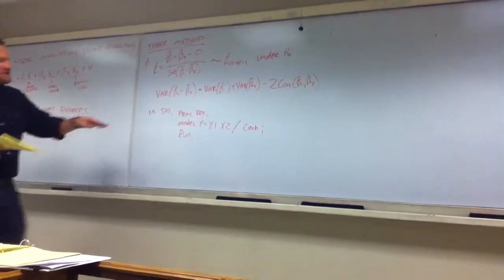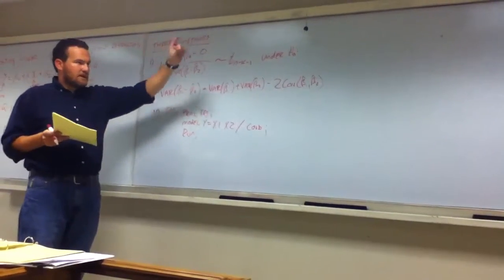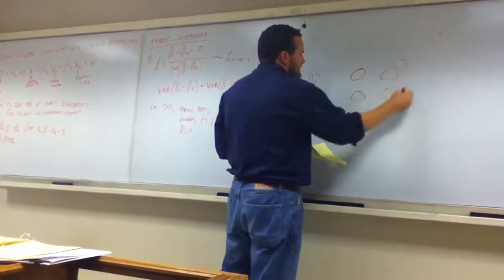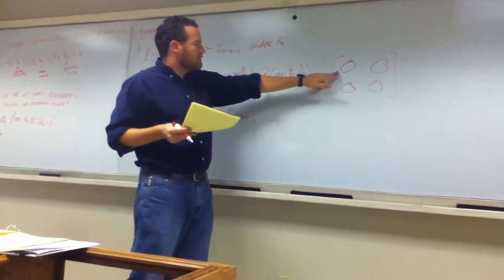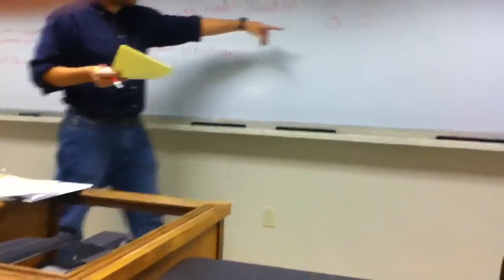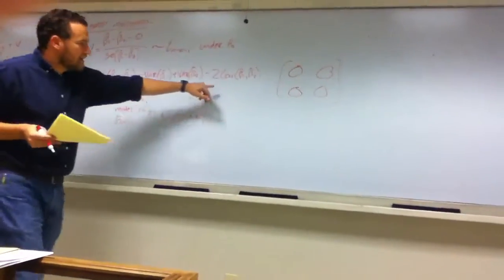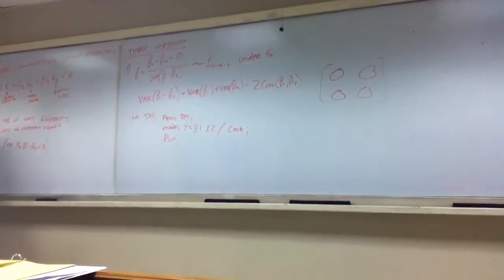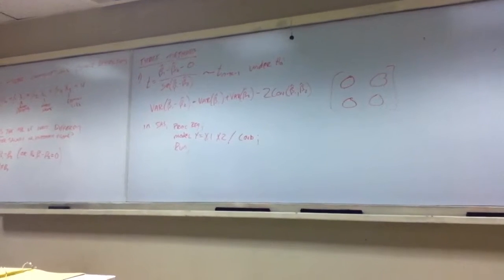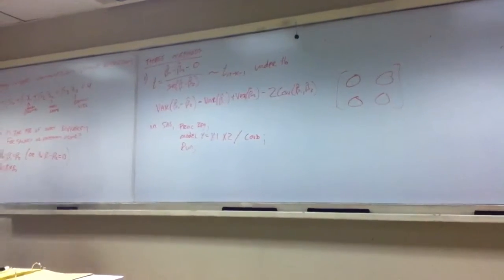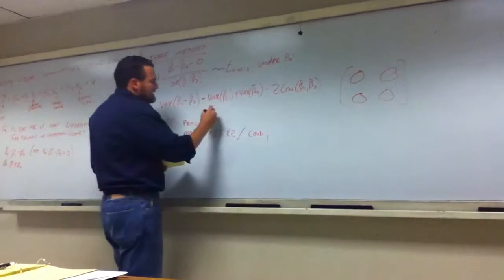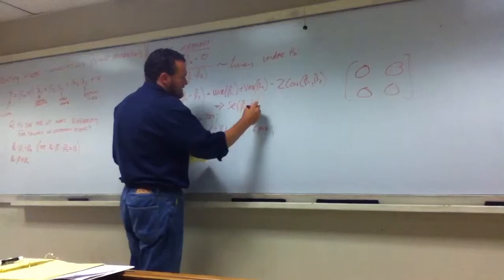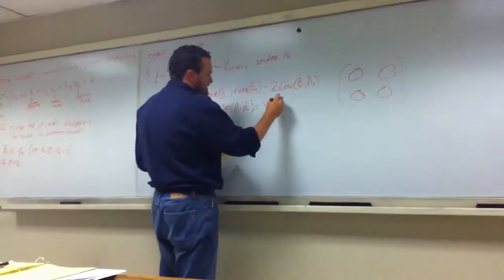It'll be a matrix with 4 elements. The element up here will be the variance of beta 1, the element down here will be the variance of beta 2, and the covariance will be right down here. So we can actually do this in SAS. It's just a matter of printing it out. And then we recognize that the standard error of beta 1 hat minus beta 2 hat is just equal to the square root of that variance.